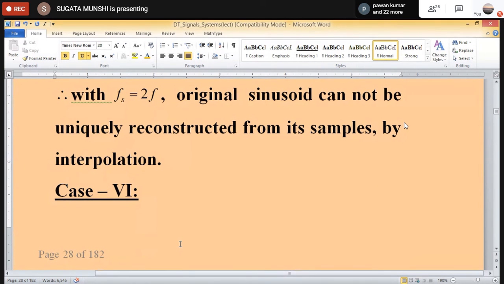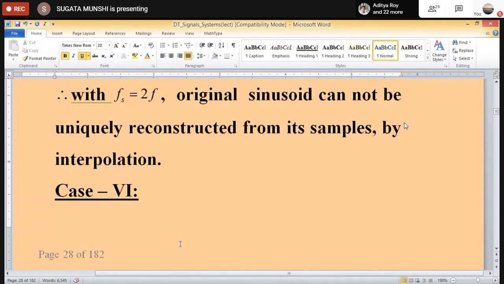Last case is for fs greater than twice f. When fs is greater than twice f, you will find that under that condition, the original analog sinusoid can be uniquely recovered.